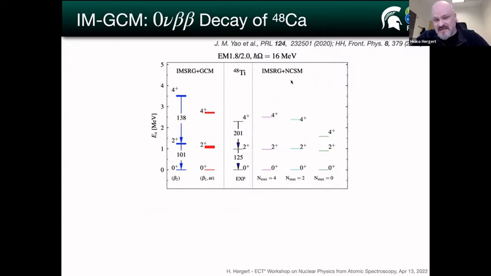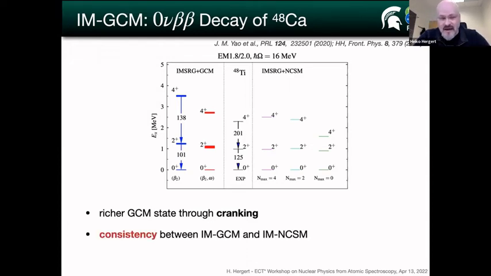And what was very striking is that if you perform this in-medium full configuration interaction calculation for growing model space size, you see that the two calculations are actually consistent with each other, and they are evolving towards consistency with the experimental excitation spectrum. And unfortunately, I don't have the BE2 values for the cranked case, but I think they also get improved. I saw that Jiangming is in the audience, so he may be able to comment on that. So a richer GCM state is one way of improving, or possibly then adding more IMSRG correlations.